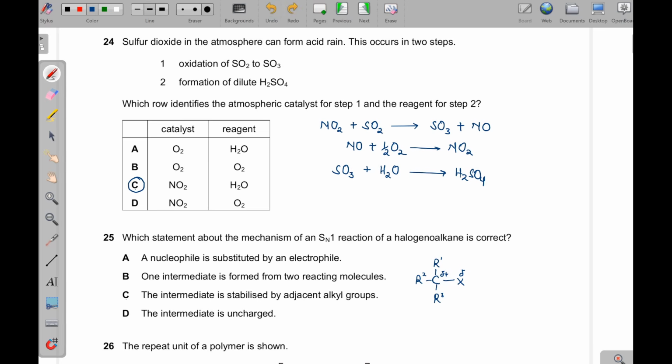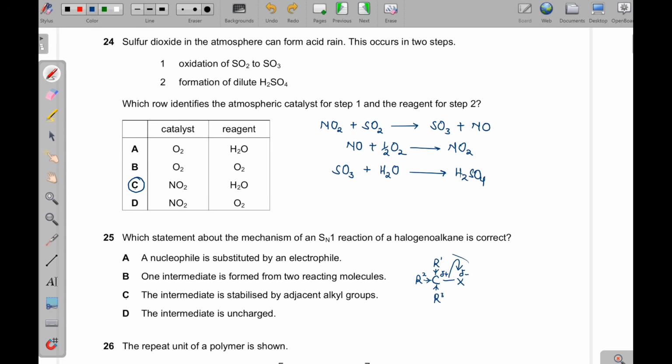Then carbon appears to have lost what? Electrons, so that's why it is partially positive. You see? Then we can see that these alkyl groups have what we call the positive inductive effect, so they tend to donate electrons towards this carbon, okay? In doing so, the halogen can easily go off, so that's why we call it SN1.